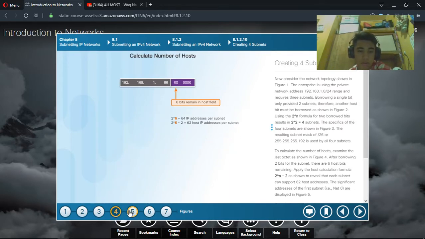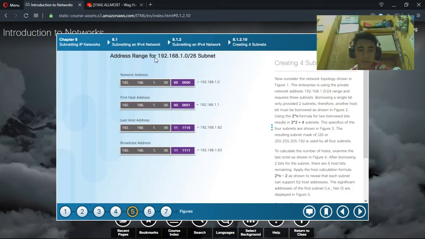Then the remaining hosts are 62, because 2 raised to 6 is 64, minus 2. The network address will be 0. The first host address will be 192.168.1.1 slash 26.